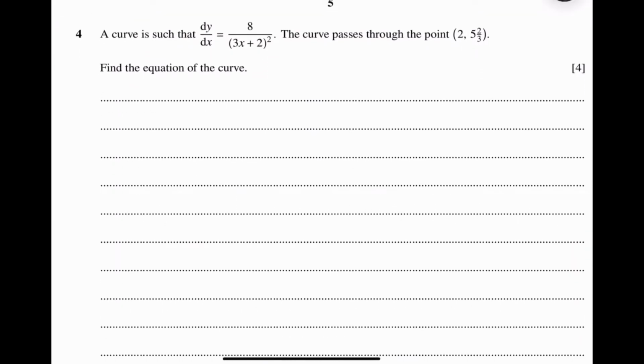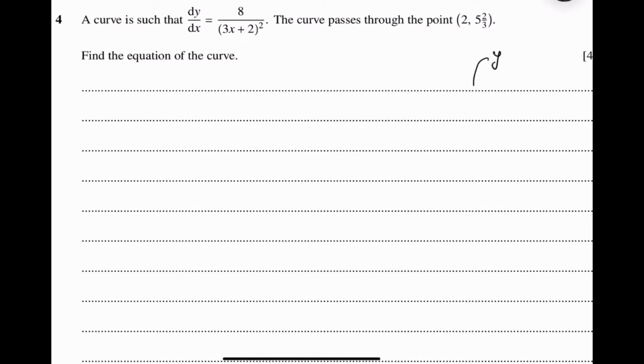A curve is such that dy/dx equals 8 over (3x plus 2) whole squared. The curve passes through the point (2, 5 2/3). Find the equation of the curve. We know we are having dy/dx, and if we go for the reverse process, integration, we can get back y.